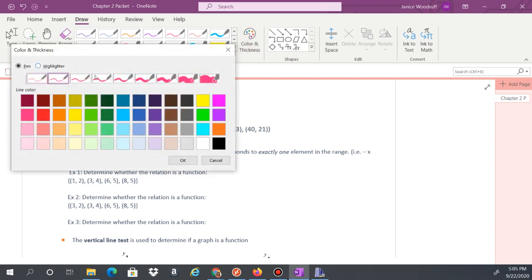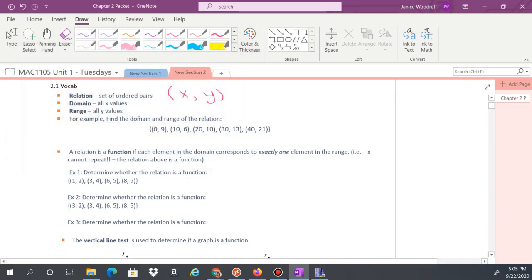Okay, so, for example, in this relation, if we wanted to find the domain, it is going to be all of the x values. So we would list out all of the x values, which are the ones that come first. So we have 0, 10, 20, 30, and 40. So we just list those, separating them with a comma.